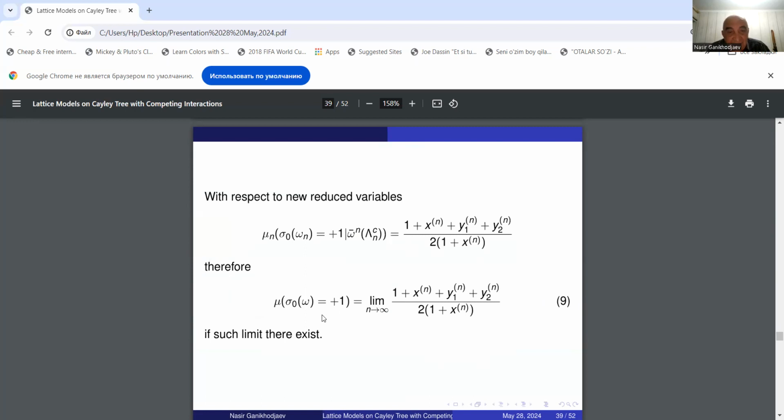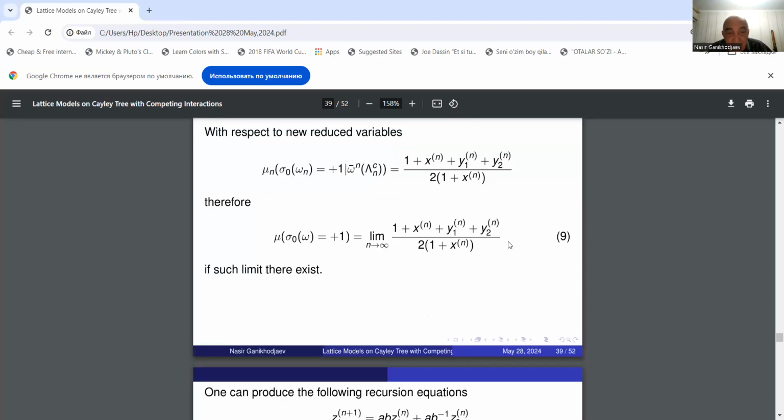And when n goes to infinity, if such a limit exists, we will show that such a limit exists, the limiting Gibbs measure of this one-dimensional cylinder set will be equal to the limit of this ratio. So here, of course, if such a limit exists.